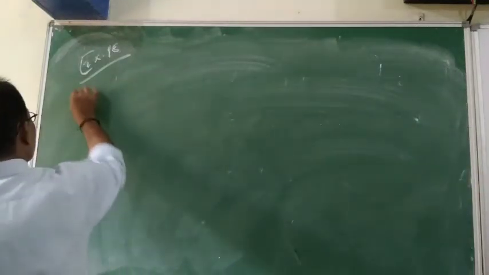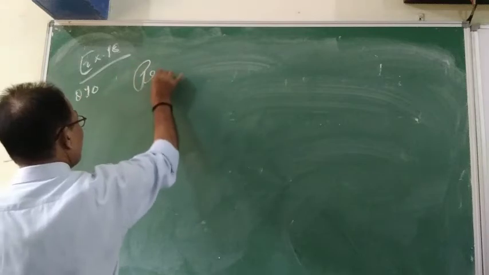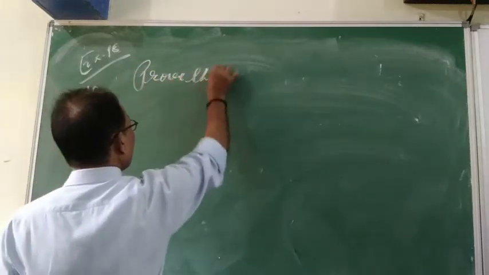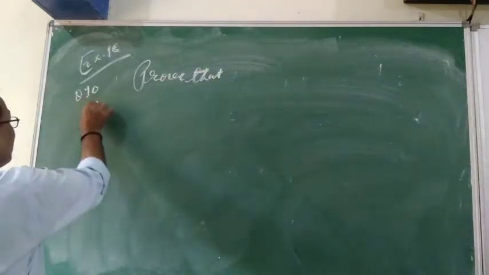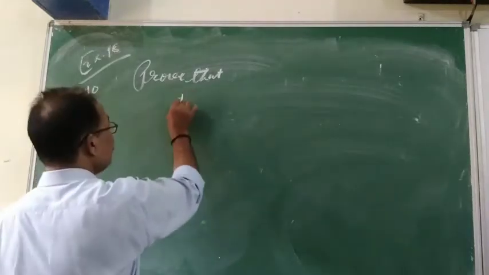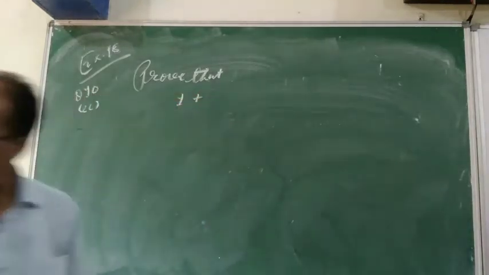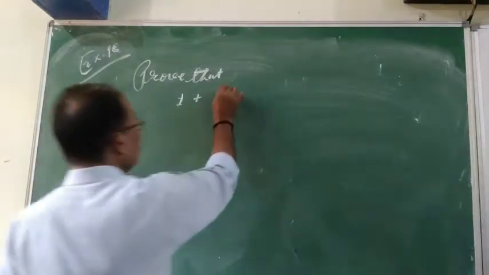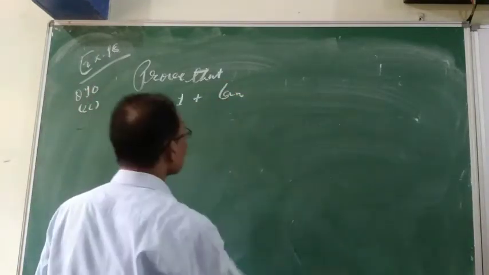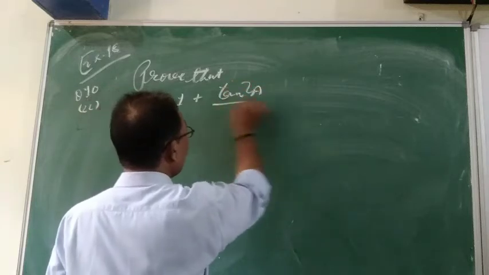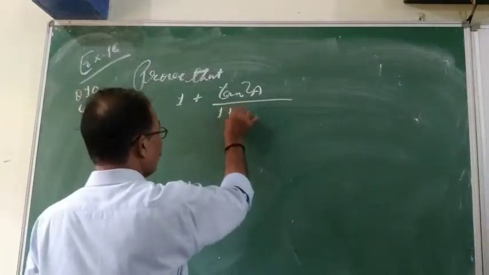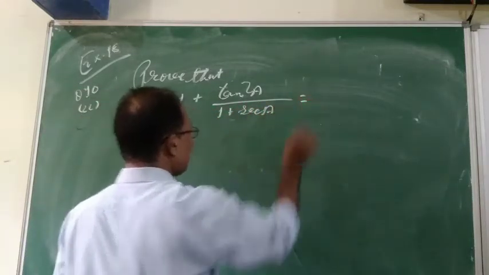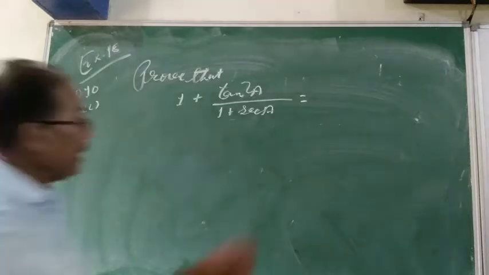Prove that (1 plus tan square A) by (1 plus sec A) is equal to sec A.